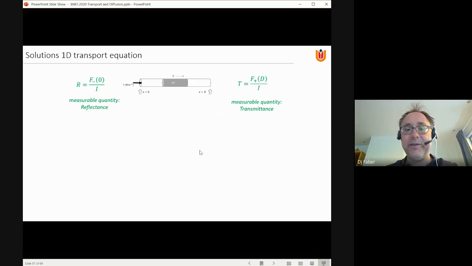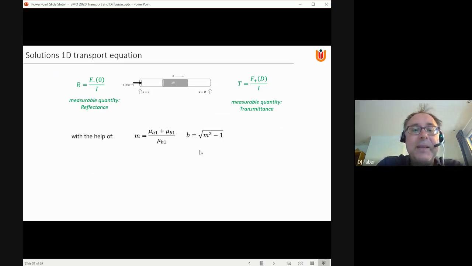And of course, if the absorption coefficient is 0, so if light can only bounce back and forth, then R plus T should be 1. But if the absorption coefficient is non-zero, then some light is absorbed in the cylinder, so then it's a little bit more complicated.